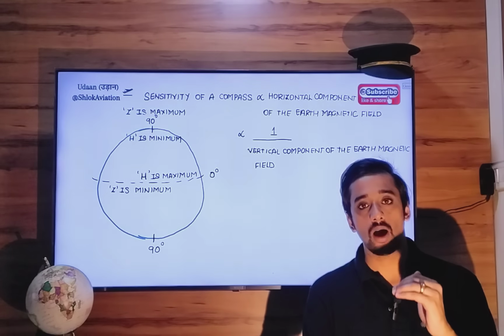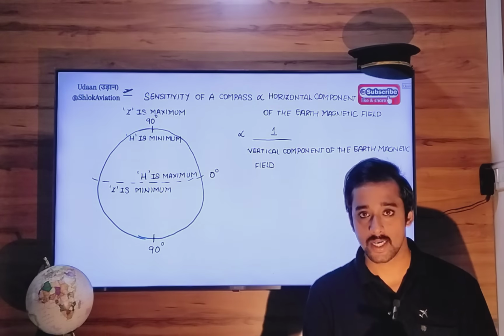But as you go away from the equatorial latitudes towards the polar regions, the magnetic compass becomes less and less reliable, because over there the horizontal component of the Earth magnetic field decreases in value, and the vertical component increases in value and becomes more and more dominant.